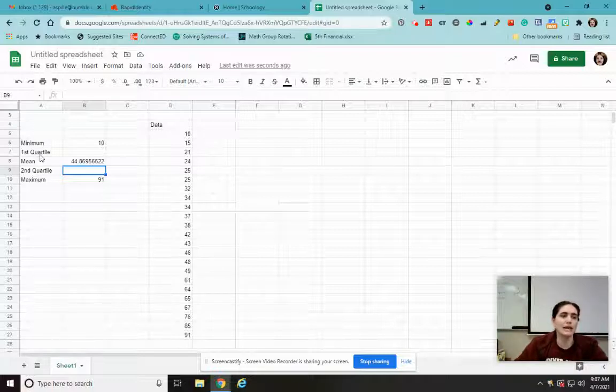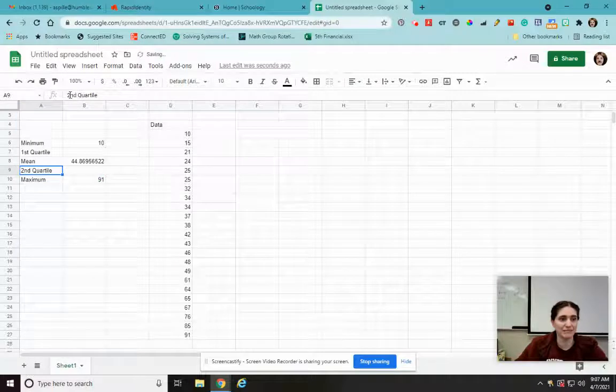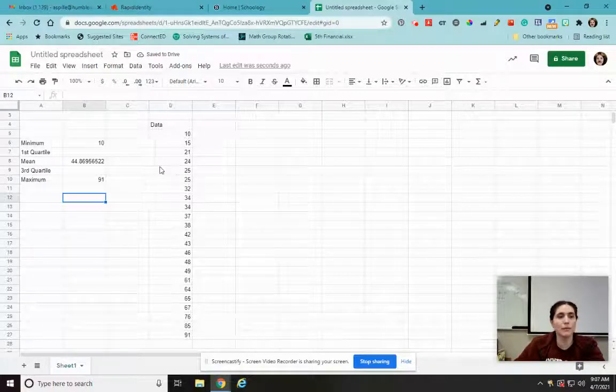Now we have these other two, and they're a little bit different. We have something called a first quartile, and a third quartile. A quartile is basically a quarter of your data. The first quartile means that point, wherever that point is, represents the first quarter of the data.